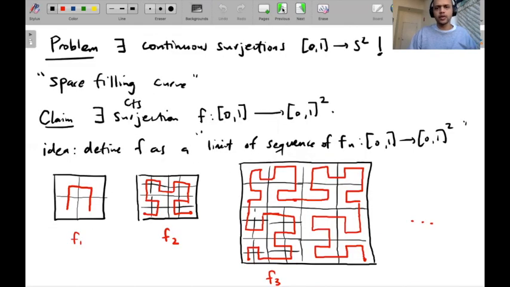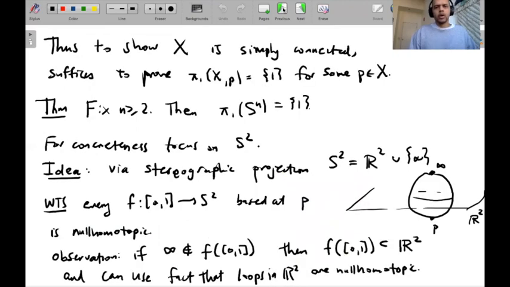Okay, so coming back to the thread, we're trying to show something like every loop in the two-sphere can be homotoped to a constant. We know that if we can miss some point, like the point at infinity, then we're good to go.